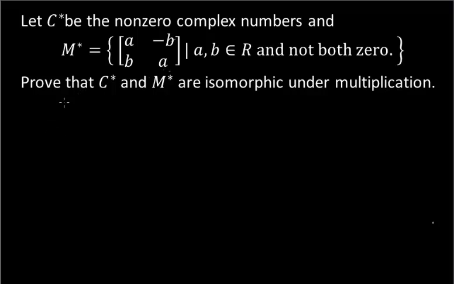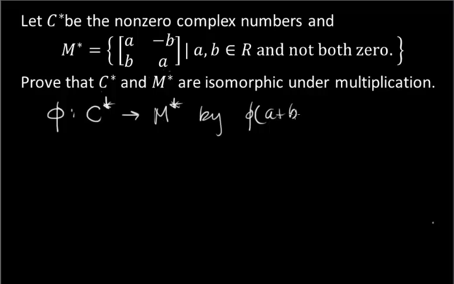We know that every complex number is of the form a plus bi. So let's just let phi map C star to M star. A plus bi will go to, and let's just try this, the matrix a, minus b, b, a, and we'll see where that takes us.